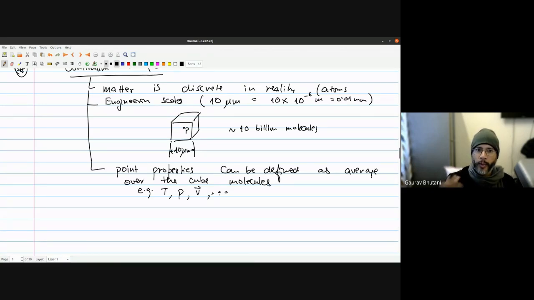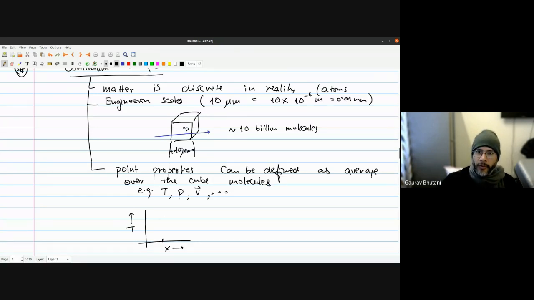You can go to any point from one point, and then you can define these properties. So if I was to plot the temperature as a function of some x coordinate, let's say this is my x coordinate, if I go along x, I can plot the temperature using this idea. At any point I would want to plot it, I can find the average in a cube of 10 micrometer side.